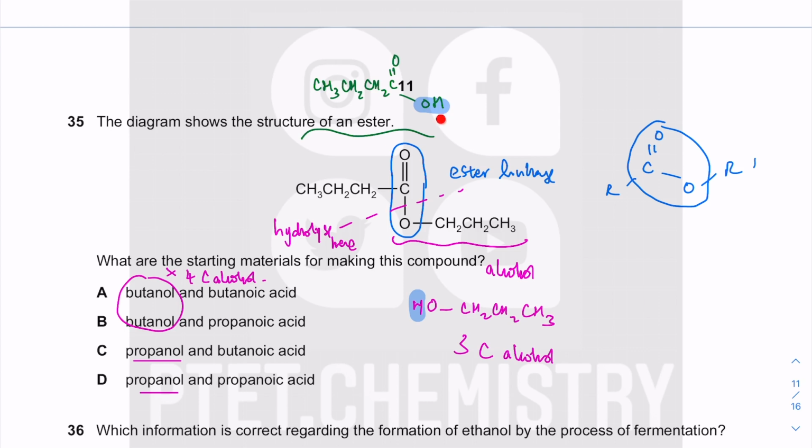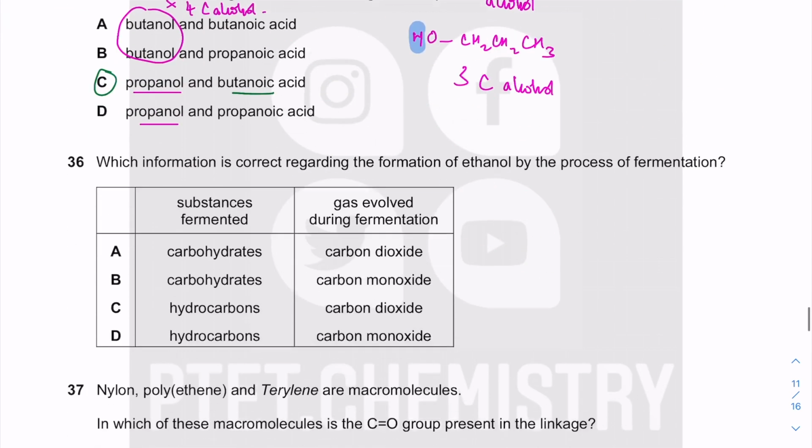But when these two things come together to form an ester, it's not polymerization, it's just called condensation. This loses an OH, this loses an H, and this and this form a bond, which is the bond that we're breaking here. So now you have 1, 2, 3, 4. You have a 4-carbon carboxylic acid. So this has to be butanoic acid, which is a 4-carbon carboxylic acid there.